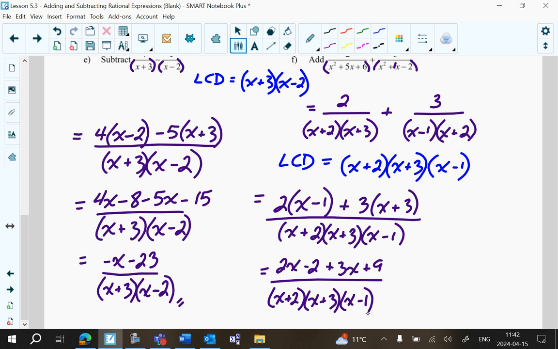And then we can simplify up top and get 5x plus 7 over that big denominator, which, of course, we are not going to multiply through because that's just crazy.